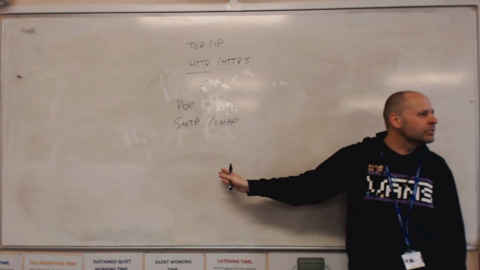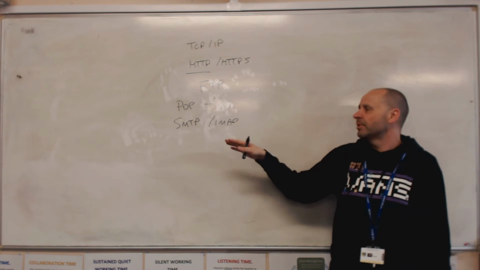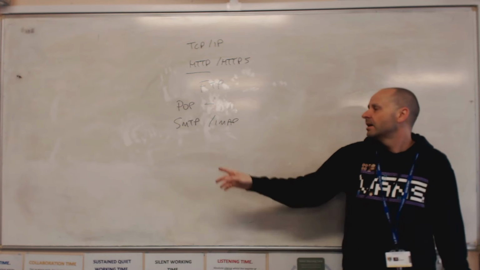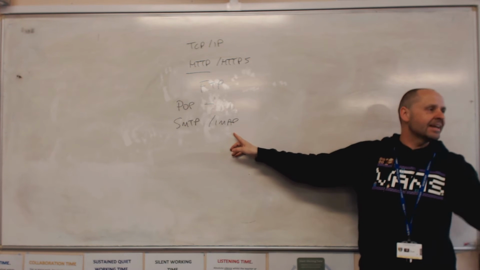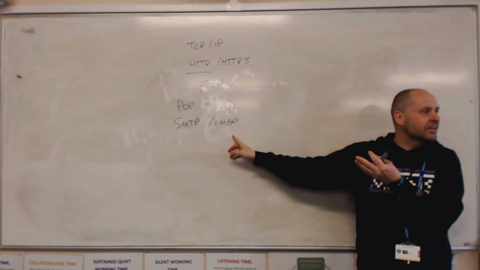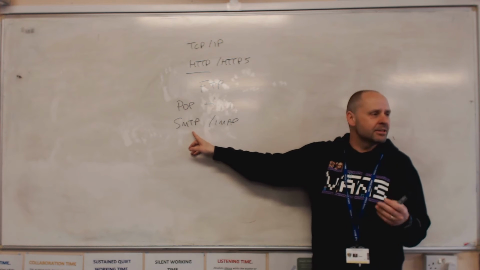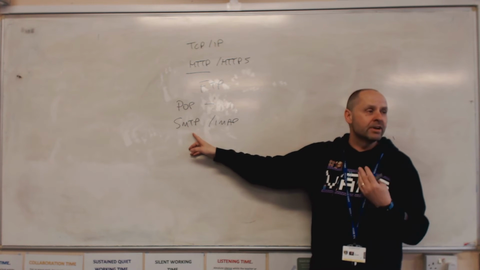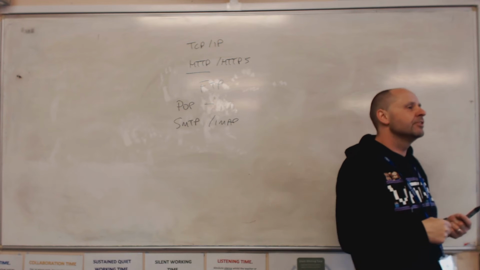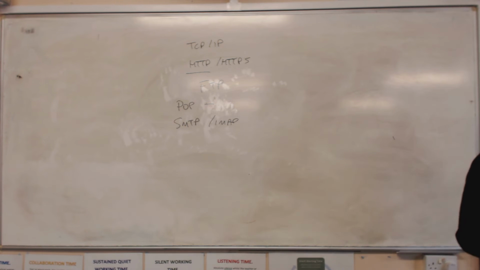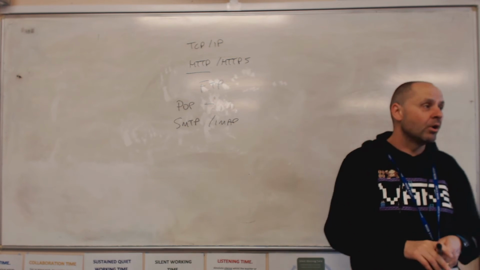They basically do the same function, they allow us to read things, but they work slightly differently. IMAP gets a copy, doesn't delete anything from a mail server. SMTP actually does a transfer. So if you read an email, it's taken off the server. Okay, that's really the main difference, there are others, but that's the main one.